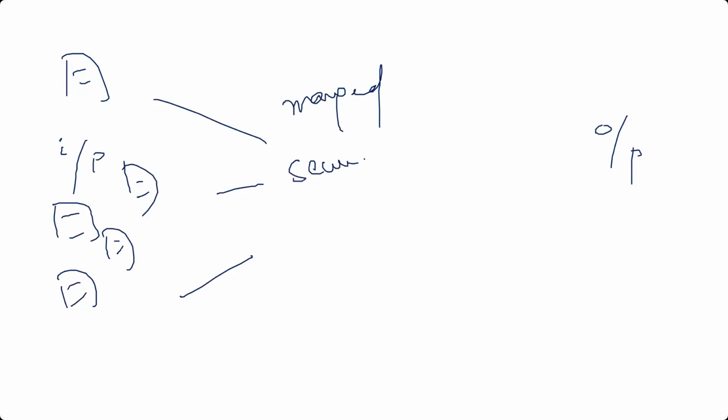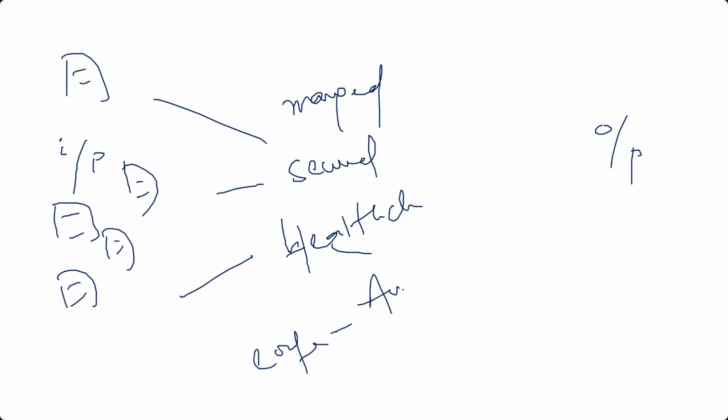Okay. Now what people do using this Kubernetes, so what is the input to Kubernetes and what is output of Kubernetes? Input, all container images are managed, secured, health checked, configured, auto scaled.